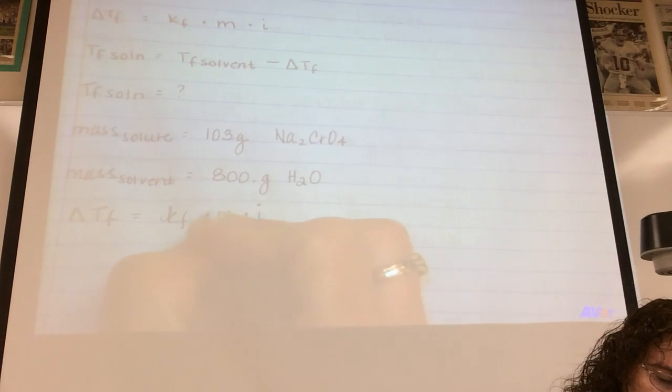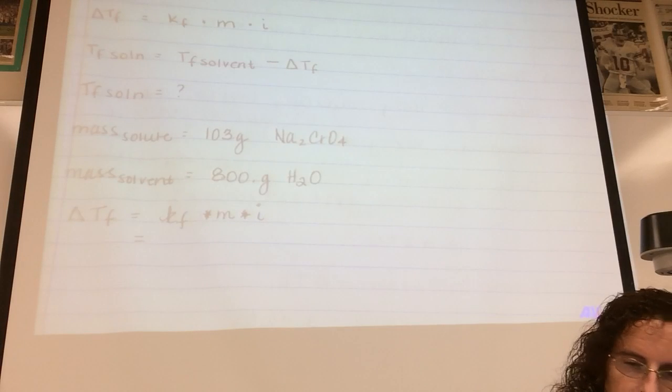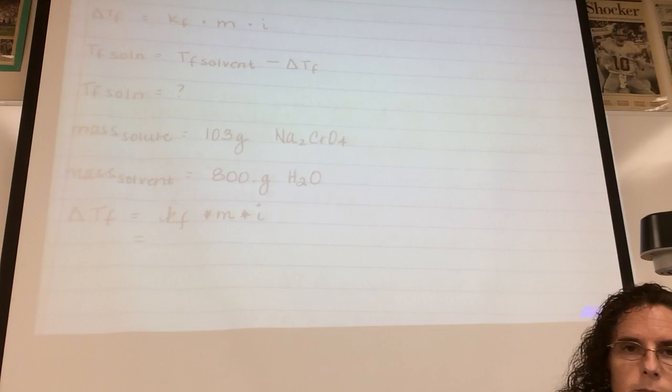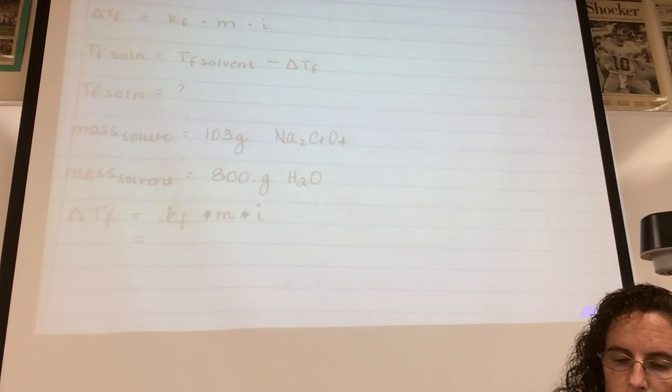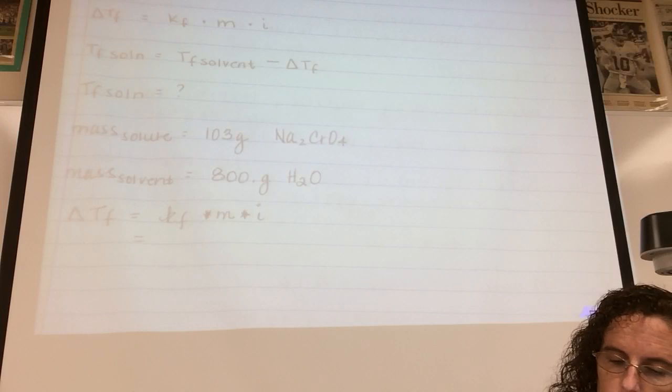We've got Kf times molality times i. How do we find Kf? Do we use the solute or solvent? Solvent. Our solvent's water.